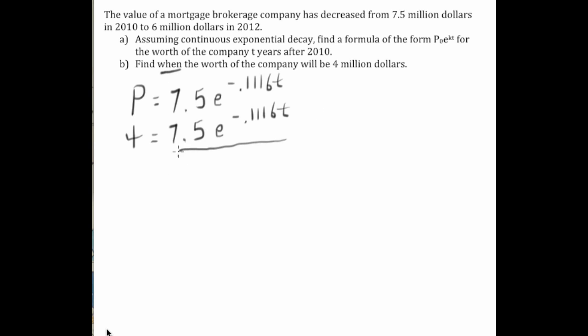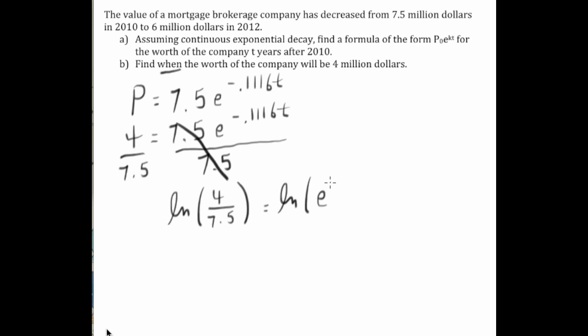It's the usual steps. Divide by the number in front of the exponential term. Cancel. Boom! The natural log of 4 divided by 7.5 equals the natural log of the e term. Again, the natural log of e to something, those cancel out, and you're left with the something.